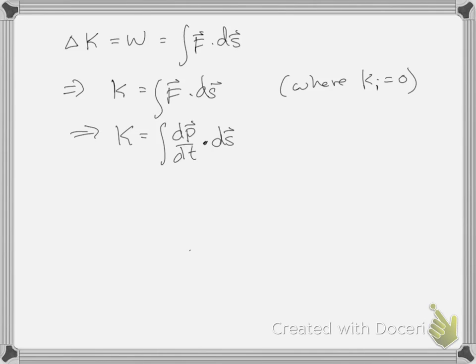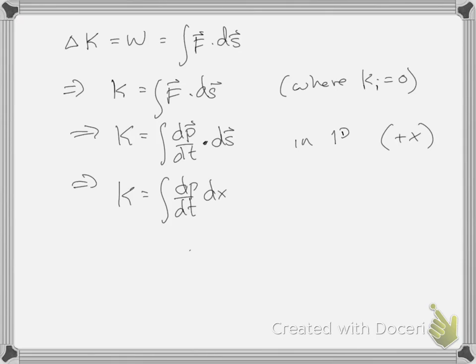If we're in multiple dimensions it's a bit more complicated, but let's just do it in one dimension, everything along the x-axis. Then K is the integral of dp/dt dx, in the plus x direction.